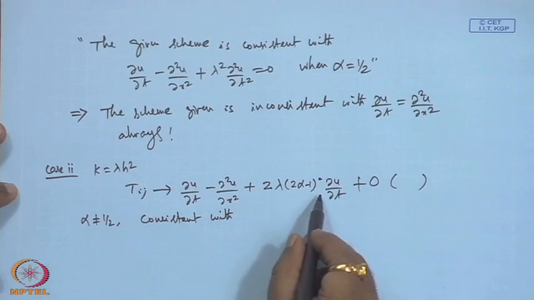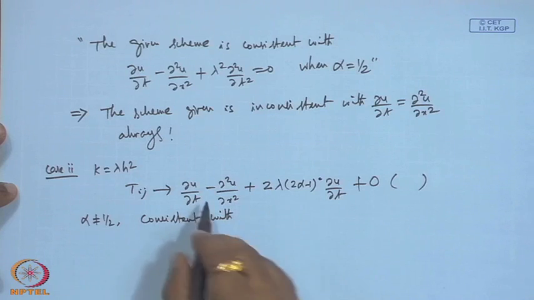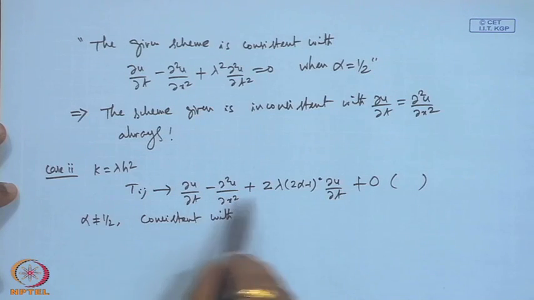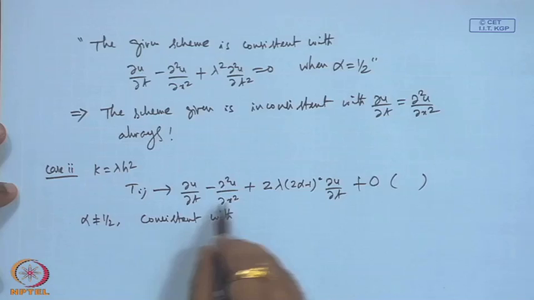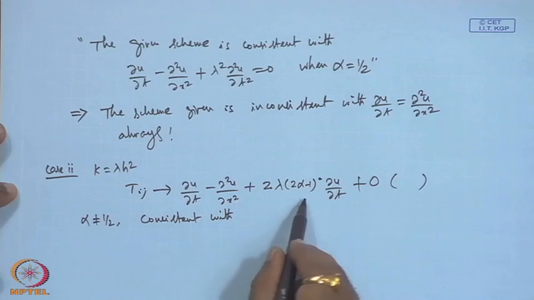So, when alpha is not equal to half, the discrete scheme is consistent with some other equation. What is that equation?